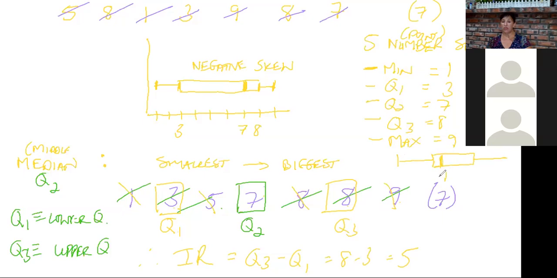That would be positive skew. And if it's in the middle, then it's symmetrical. That's important that you know that. So negative skew, positive skew, and if it was in the middle, then it would be symmetrical.